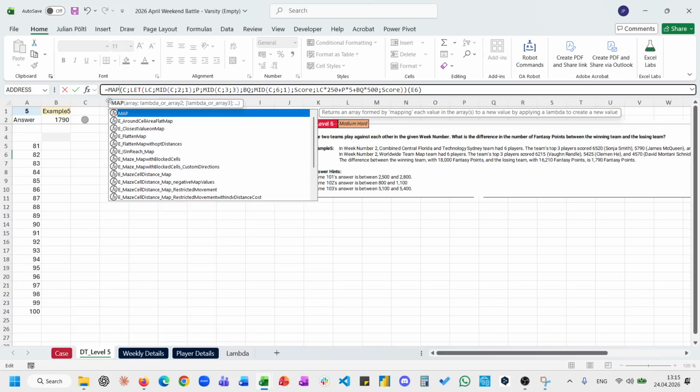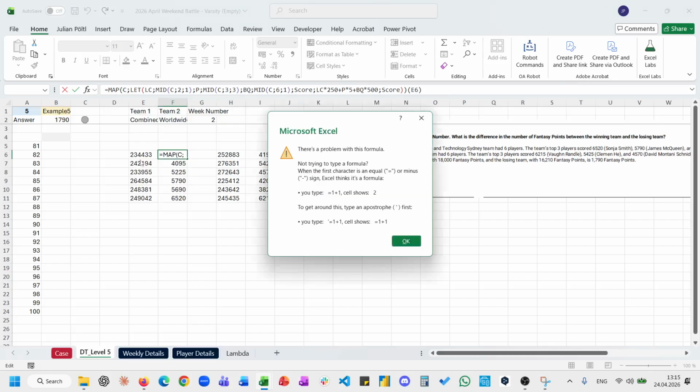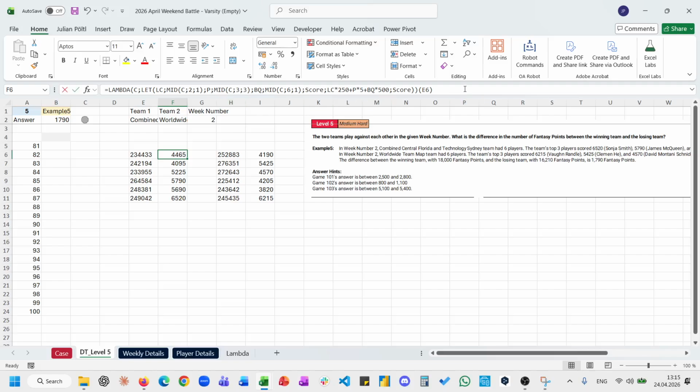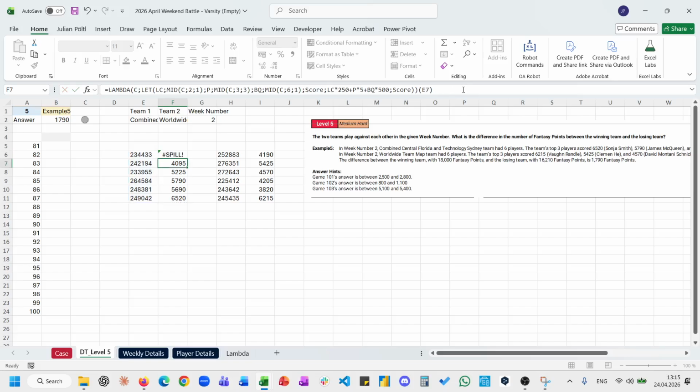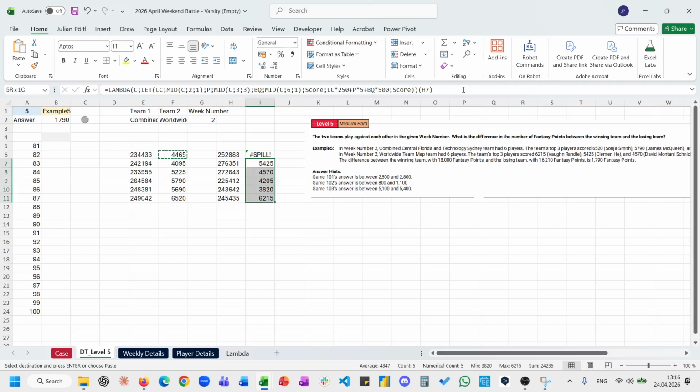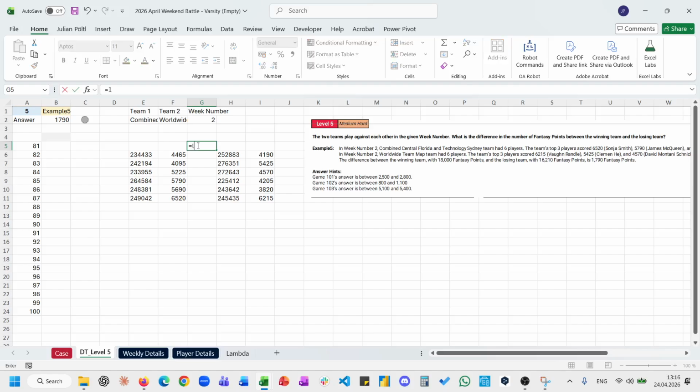We can also MAP this to average 100% dynamic. And then use LARGE SEQUENCE 3 to get the 3 largest scores.